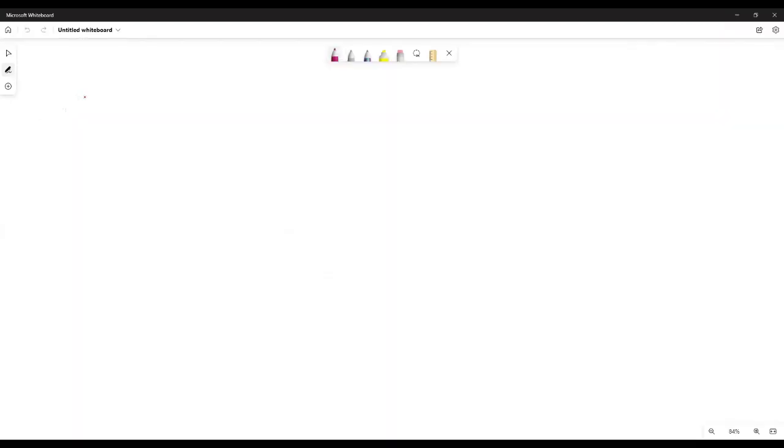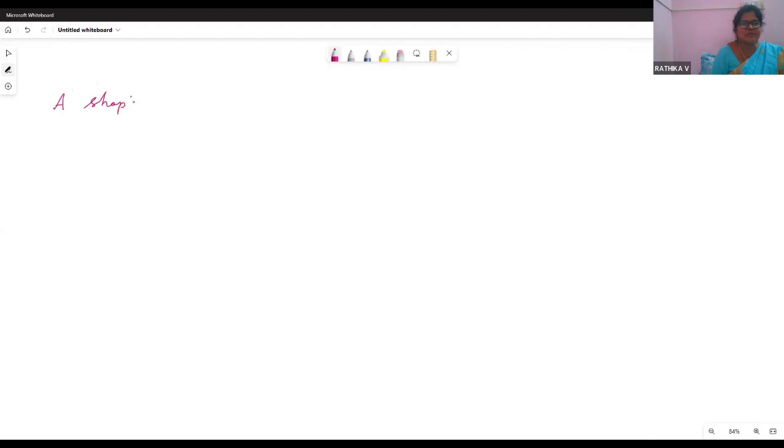Okay, I am writing the question now because maybe in the cut and paste it did not come. The question is: a shopkeeper buys an article whose printed price is rupees 4,000.